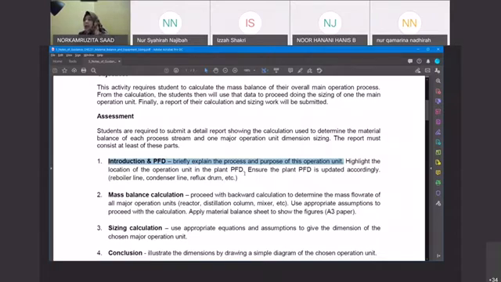And then ensure the plant PFD is updated accordingly. Meaning that you need to include the reboiler line, which will come from the utilities facility, the condenser line, and the reflux drum.